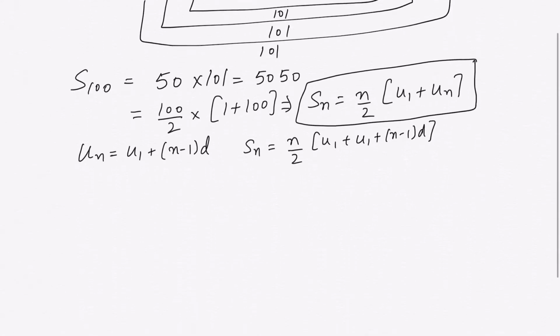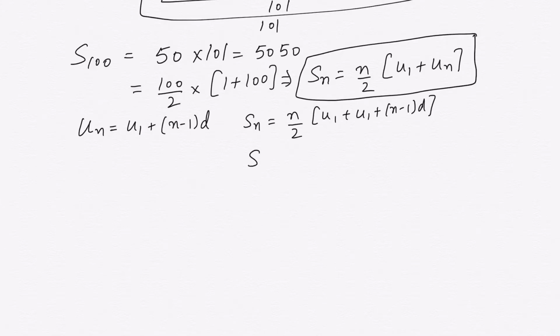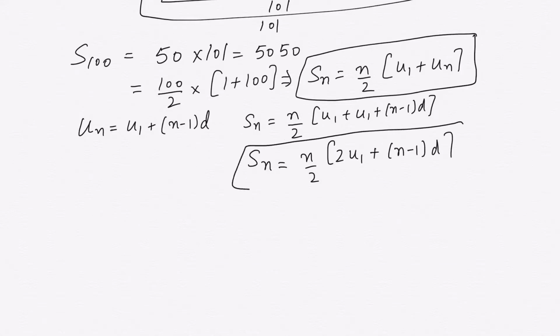I'll get the other formula that involves the first term and n. The formula that I get is Sn equals n by 2 into 2u1 plus n minus 1 into d.